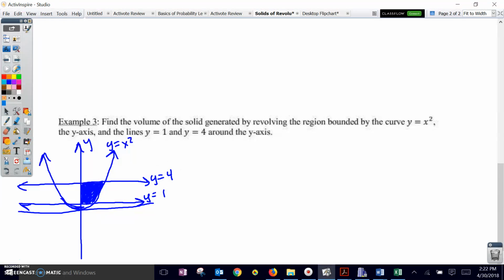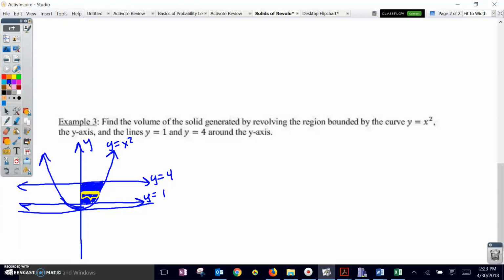So we want our slice to be perpendicular to the y-axis. And so now we're looking at this slice, and since it's perpendicular to the y-axis, when we take this slice, we want the distance to be some value based off of its x-coordinate.